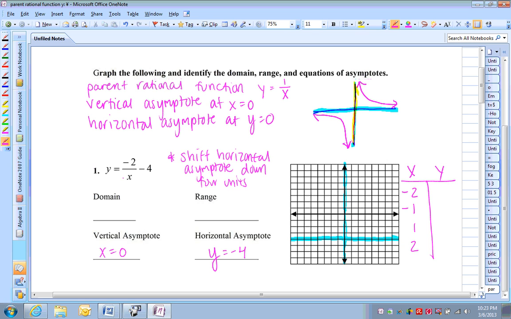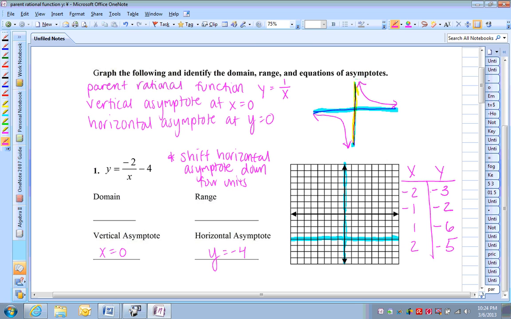When I plug in -2 for x, I get -3 for y. When I plug in -1, I get -2. When I plug in 1, I get -6. And when I plug in +2, I get -5.